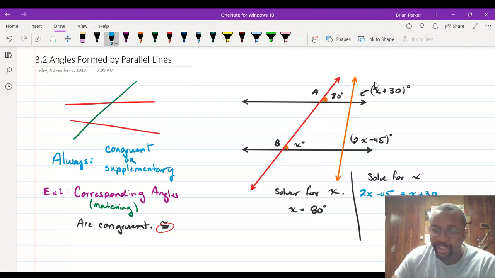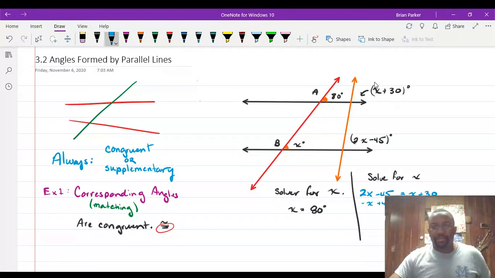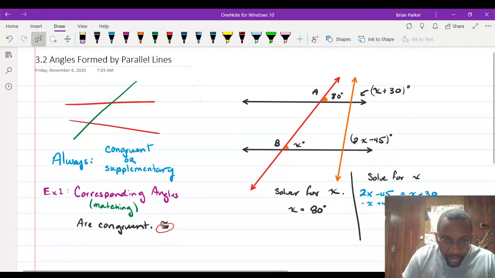Now the rest is just algebra. I'll subtract x on both sides and add 45 on both sides, and so x is going to equal 75. And there you go. Done deal. Let's try another one.